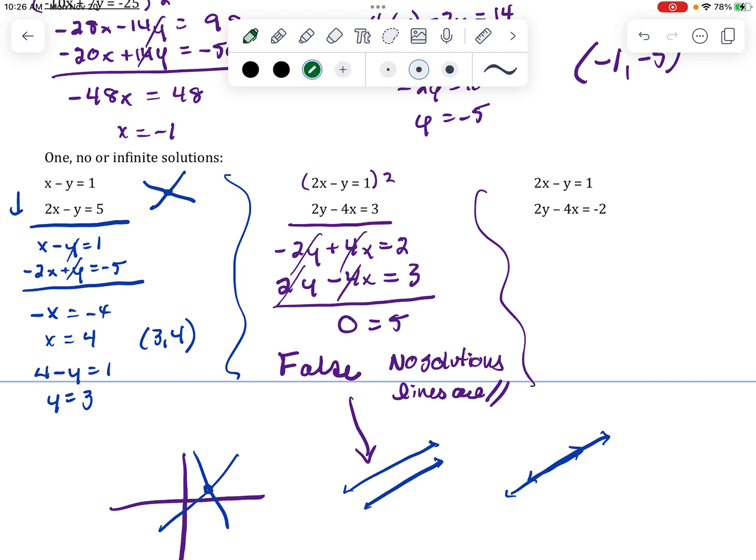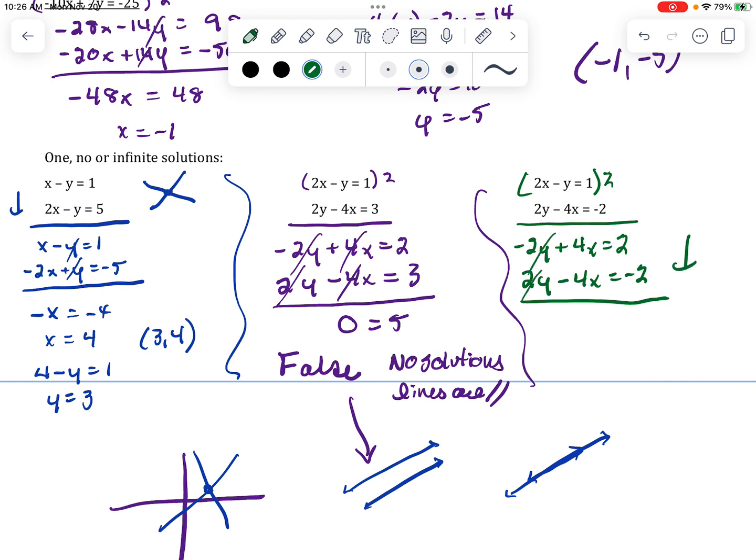Finally, let's look in this example. Again, I am going to multiply the first line by 2 and rearrange it. So I have minus 2y plus 4x equals 2. And then my second equation, I'm just going to leave the same. Notice when I add down, the y's cancel, the x's cancel, but I get a true statement.